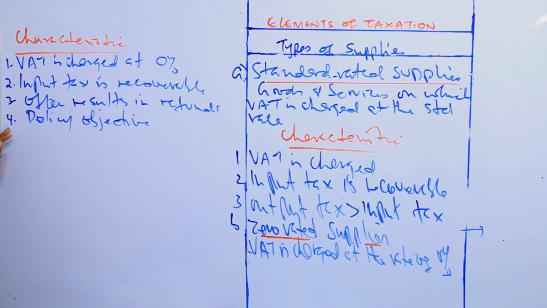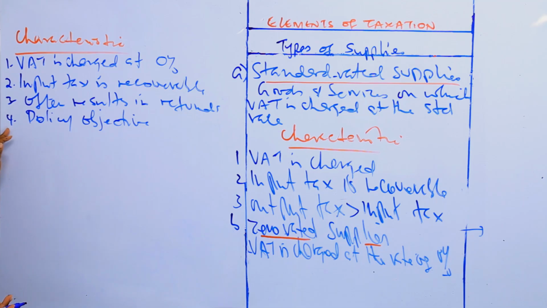Now, currently, examples of zero-rated supplies, subject to changes in the Finance Act, would be things like exports of goods or services, like goods exported from Kenya or services supplied to a person outside Kenya, excluding certain services like financial services. And that's the most common example of zero rating globally.